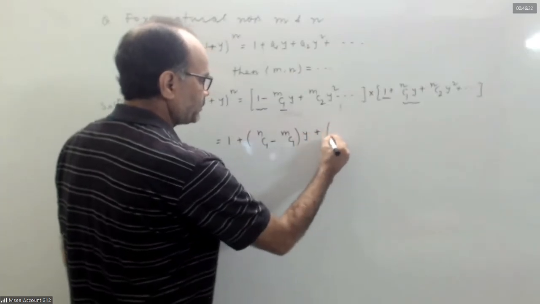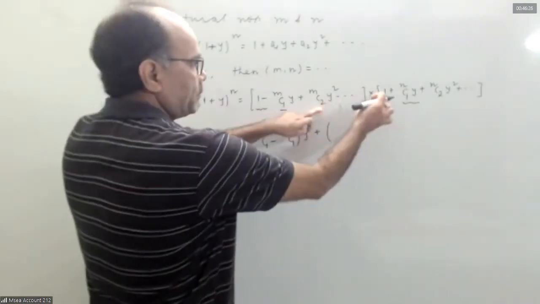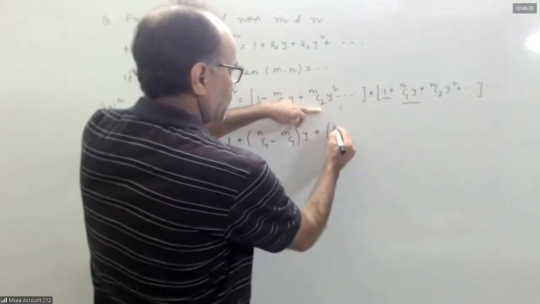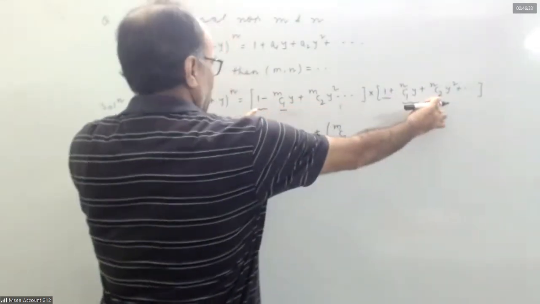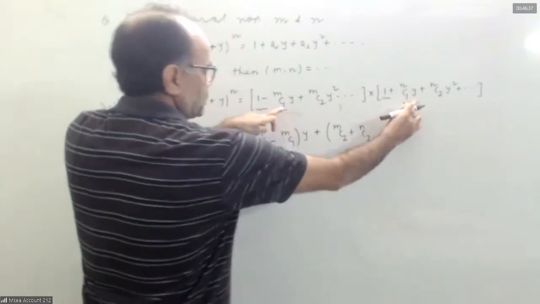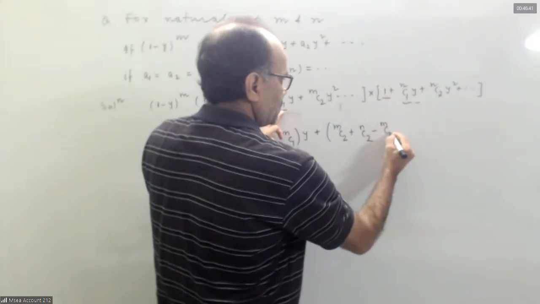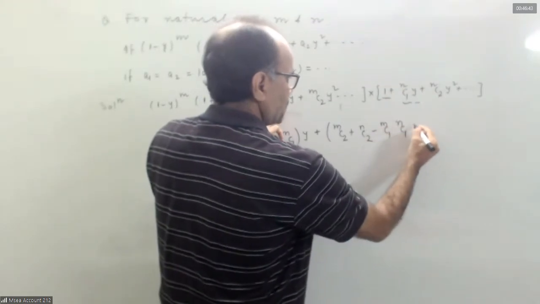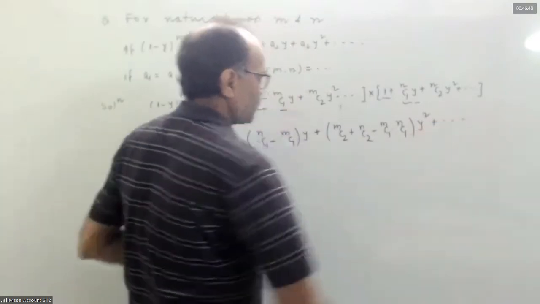Plus what is the coefficient of y square? This term multiplied by this, mC2, this term multiplied by 1 plus mC2, and these two terms multiplied, minus mC1 into mC1, y square. We don't bother about any other terms.